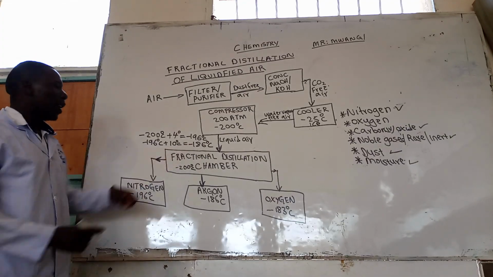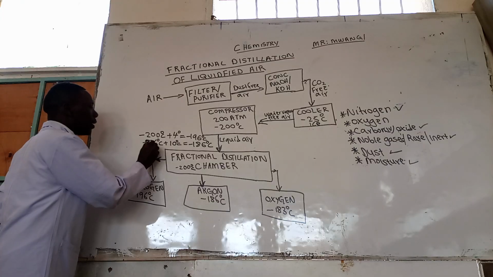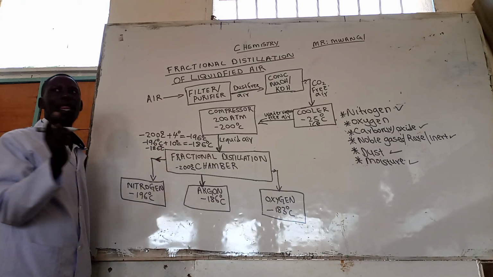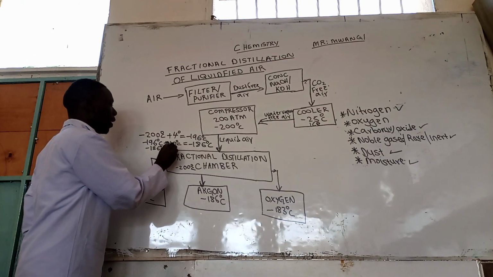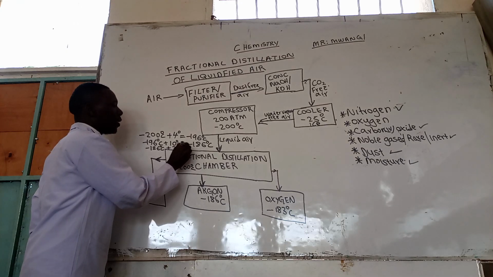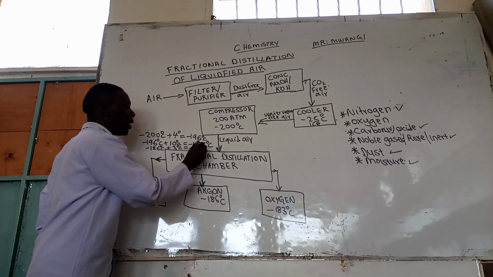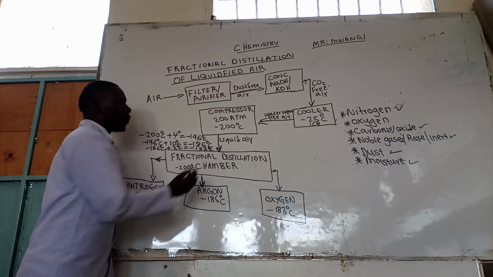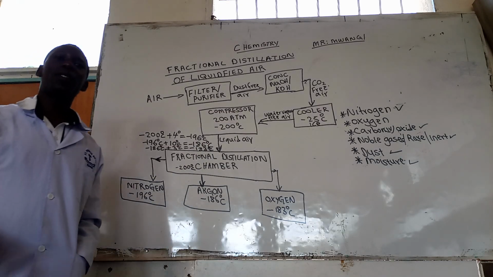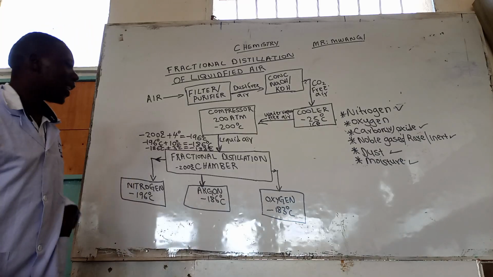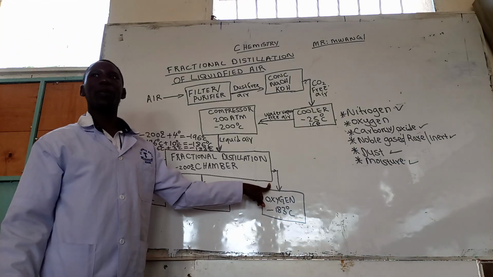At negative 186 degrees, we add another 3 degrees Celsius. So, adding the degrees Celsius, we will get to negative 183 degrees. At this temperature, negative 183 degrees, oxygen now reaches its boiling point.